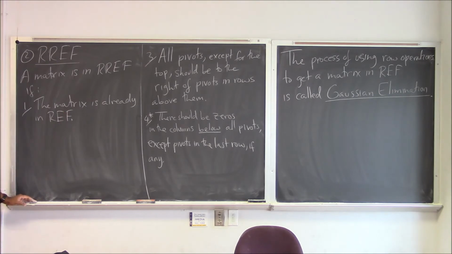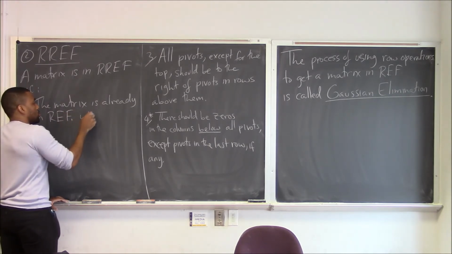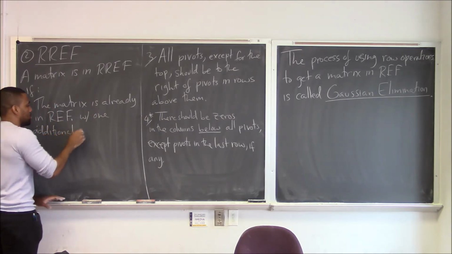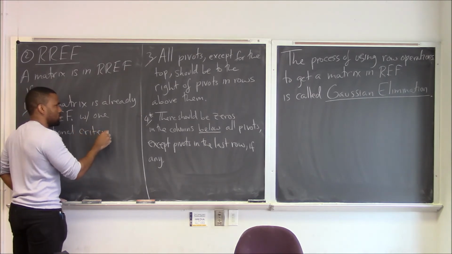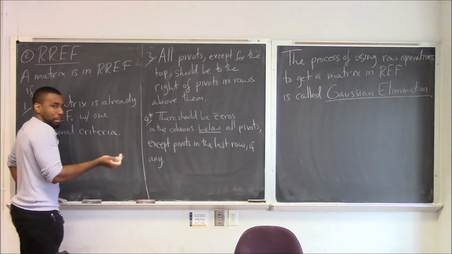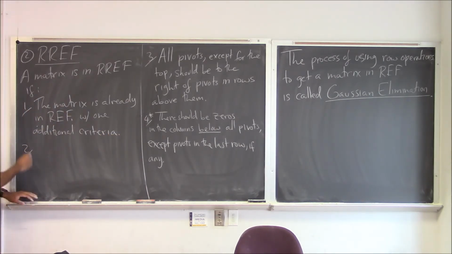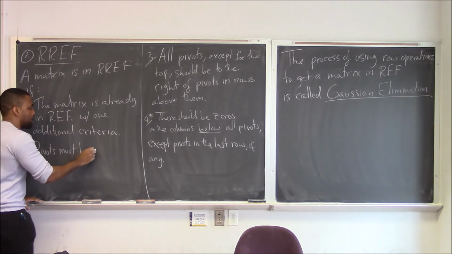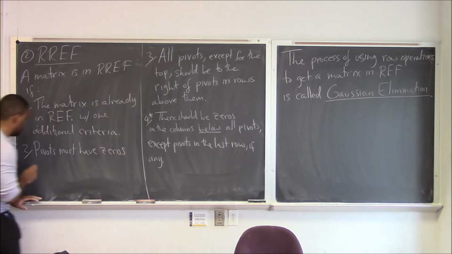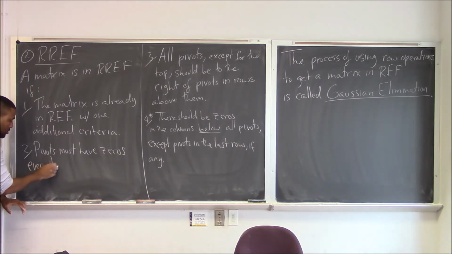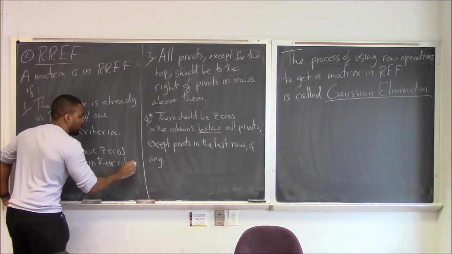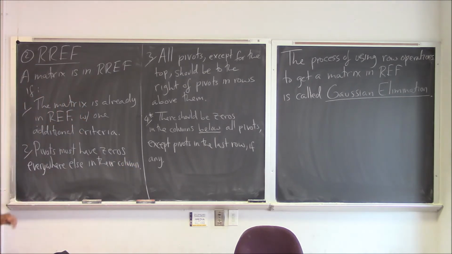So one is to get to the row echelon form, with one additional criterion. Two: kill everyone else in the column that has a pivot.